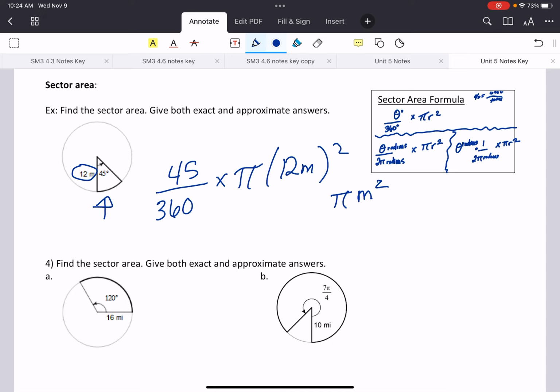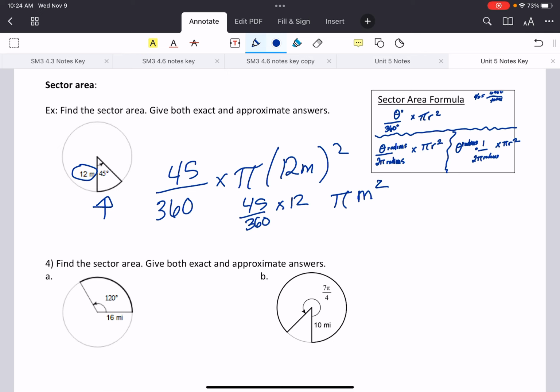Take your pie and your units of measure, put it over here. In your calculator, you're going to put 45 over 360 times 12. Multiply. And then change it into a fraction. Okay? 45 divided by 360.